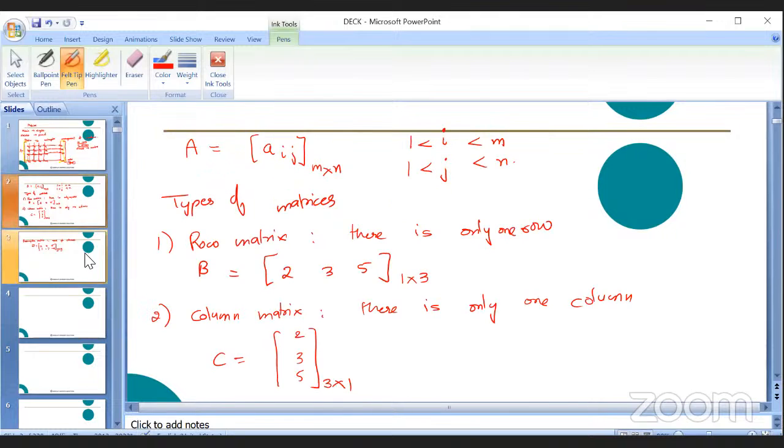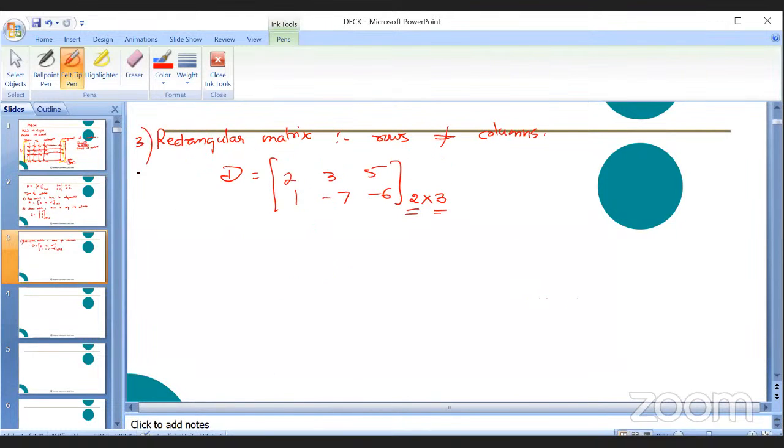Once you know rectangular matrix, immediately you will know square matrix also. Square matrix means it will look like a square. So the number of rows will be equal to the number of columns.